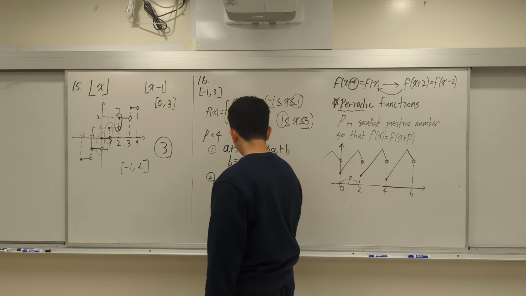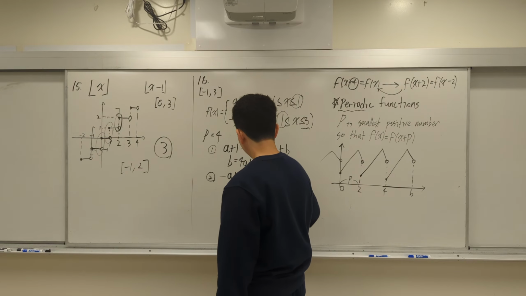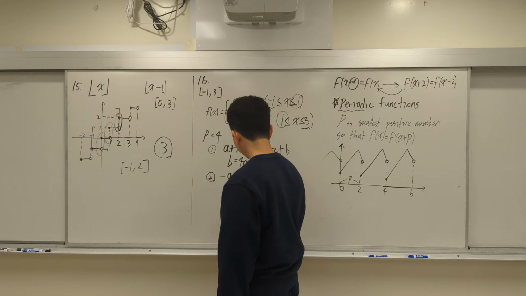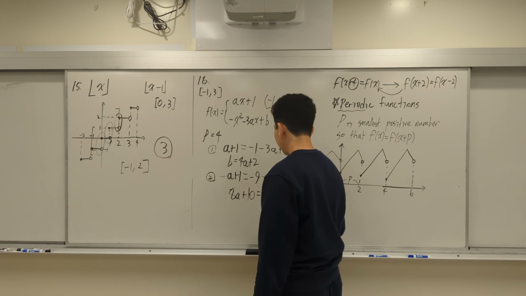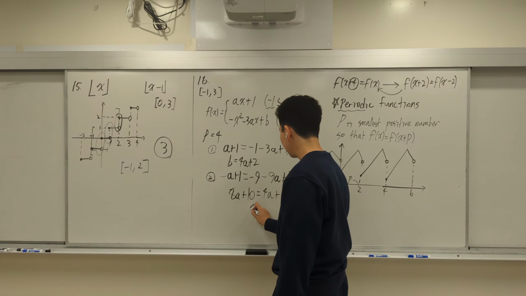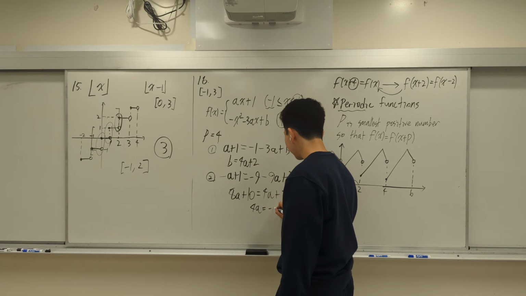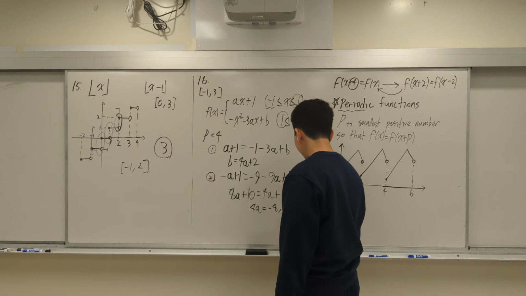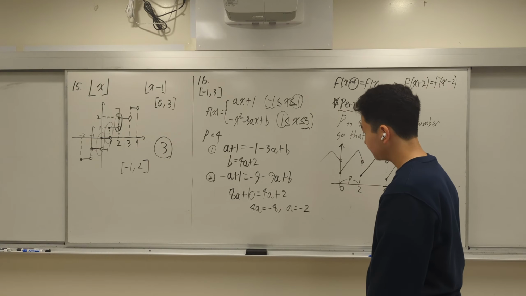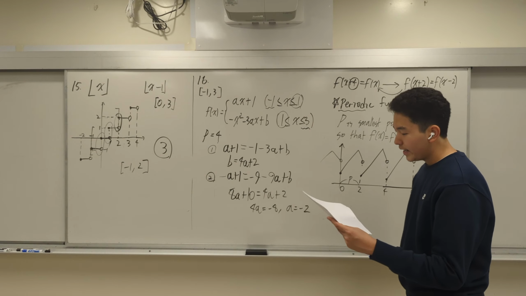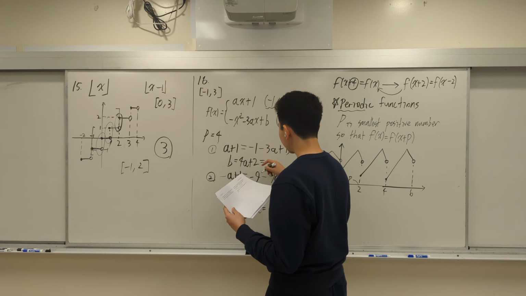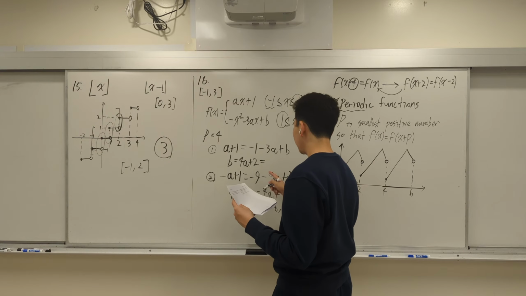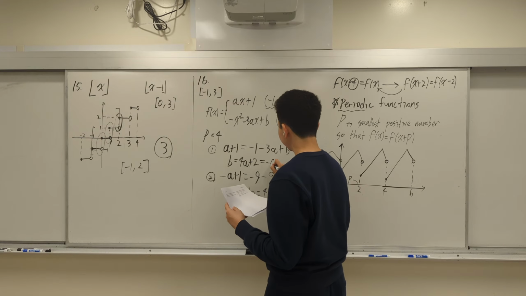So 8a plus 10 equals b, and that is 4a plus 2. So 4a equals -8, so a equals -2. And b equals 4a plus 2, which is -8 plus 2, which is -6.